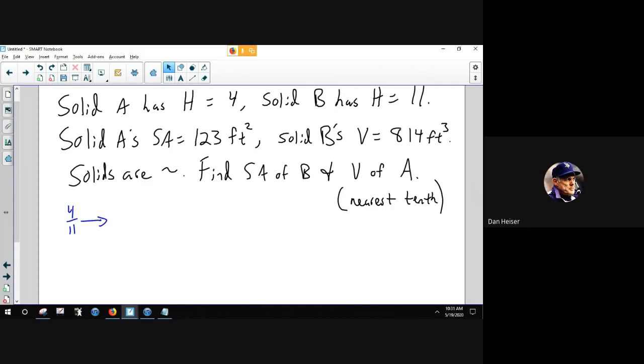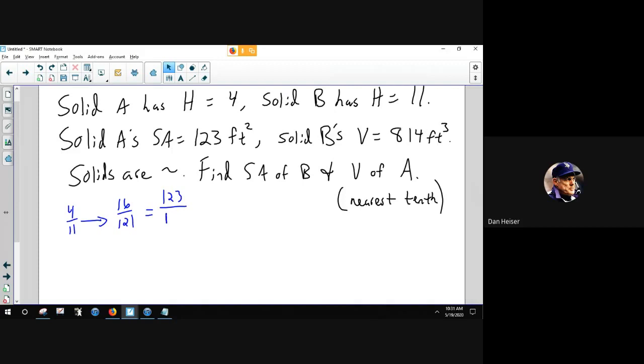Because we are finding an area, we have to square our scale factor. So here I have the area ratio, solid A to solid B. Square the scale factor. A's surface area, 123 square feet.